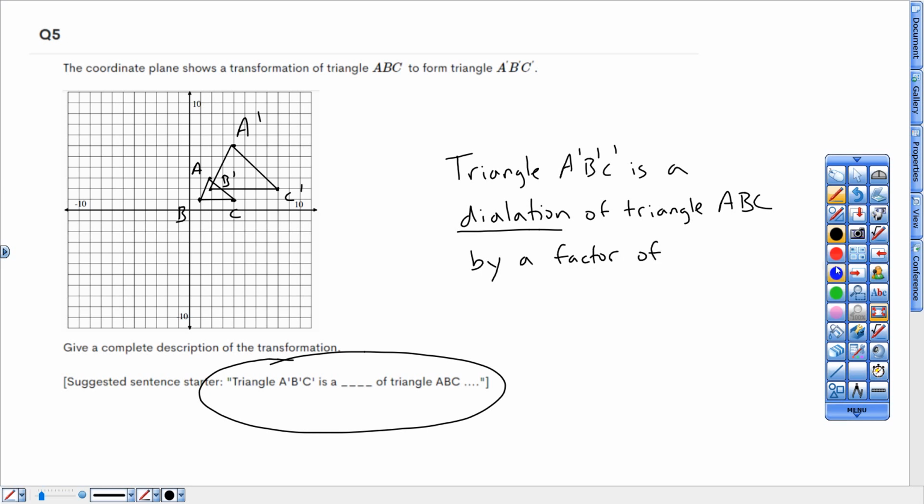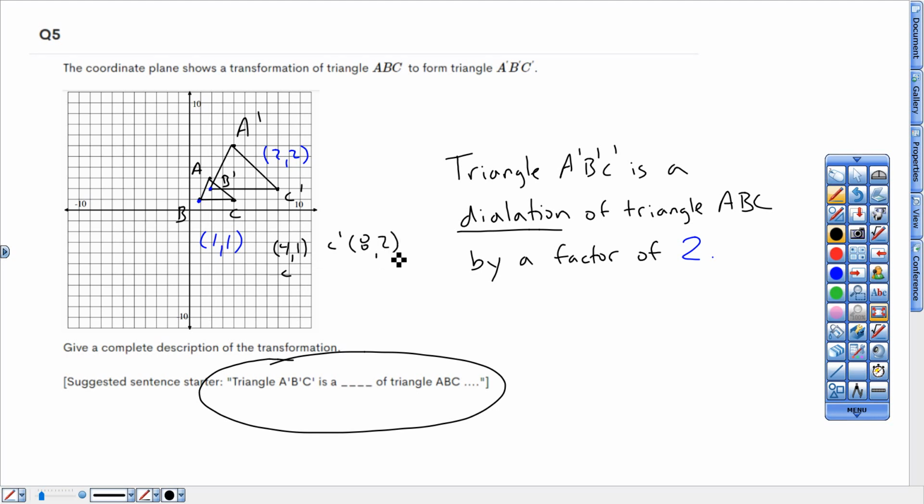If I look at this point right here, B, which is 1, 1, the new B is 2, 2. Looks like I'm timesing by 2. This is multiplied by a factor of 2. Every single coordinate is being times by 2. That original C, which is 4, 1, if I times that by 2, gives me the new C prime, which is 8, 2.